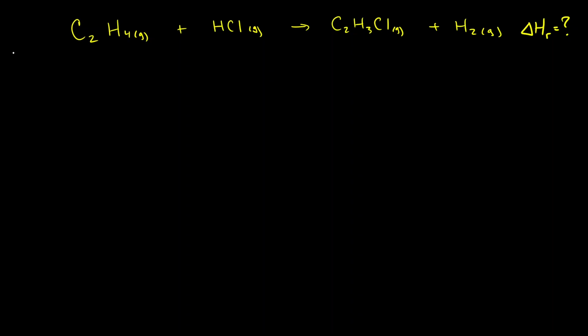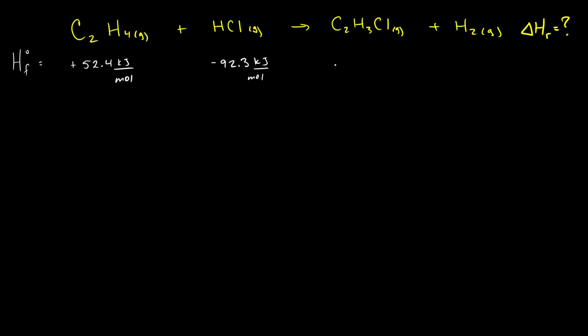Now I am going to just quickly look them all up just to make sure, and I've got plus 52.4 kilojoules per mole. I've got minus 92.3 kilojoules per mole. This one I have from a separate data sheet. This one is not in ours, but it is written in your notes as well.